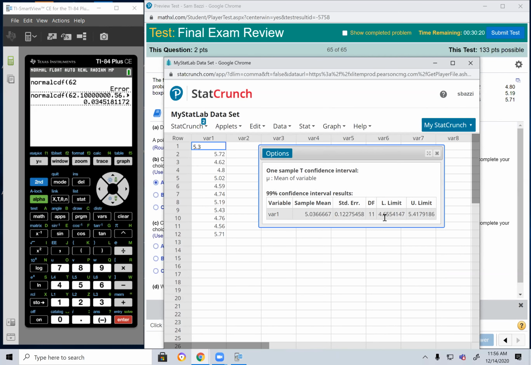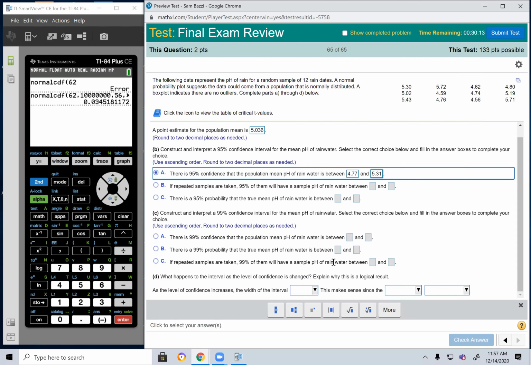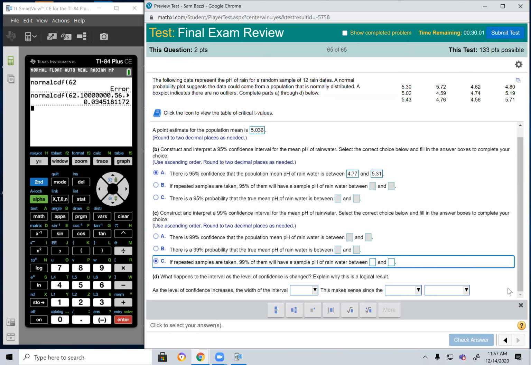Compute. There's the interval, 4.655, 5.41. So you can get it off the interval. What happens to the interval when the confidence level is changed? If we increase the confidence level, the interval will widen. And that's what you need to select.